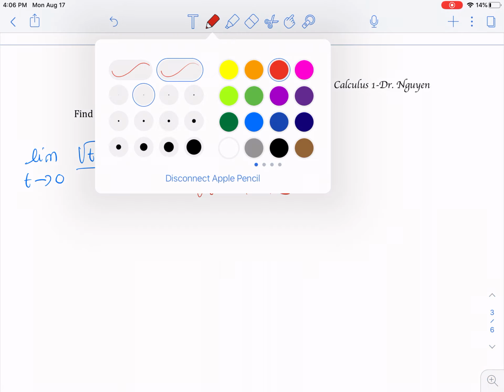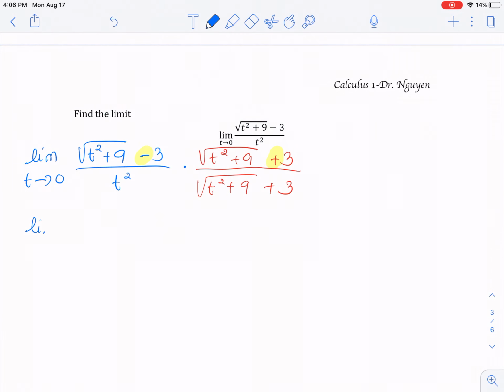So for the top, the middle terms cancel out. So we ended up with t squared plus 9 minus 9. 9 is 3 squared on the bottom. I don't have to worry about the bottom because we know that we're going to use direct substitution.